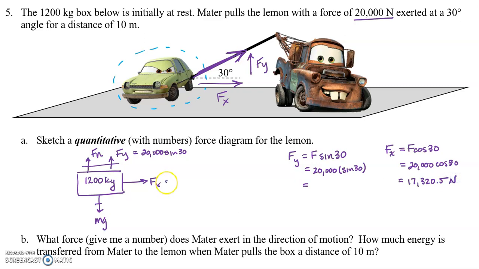All right, so that's what we know goes here. 20,000 cosine 30. All right, so we know these values by doing some trig.